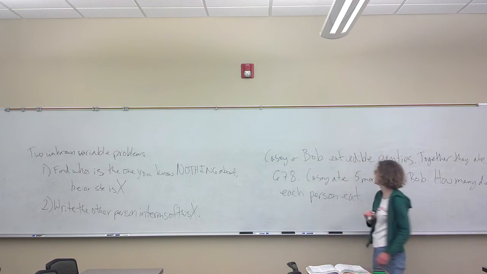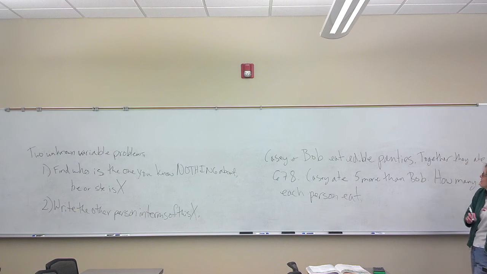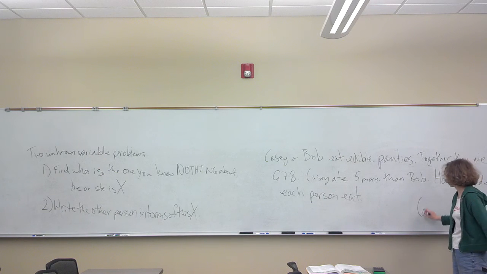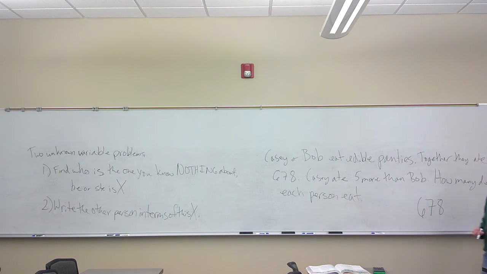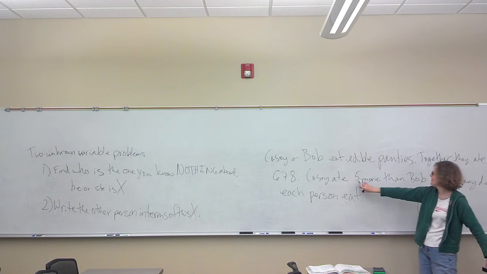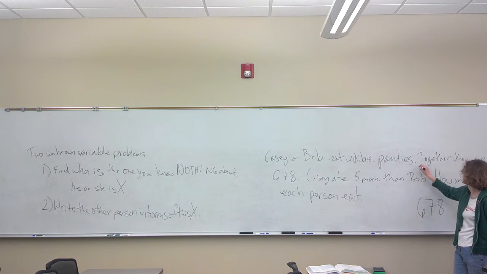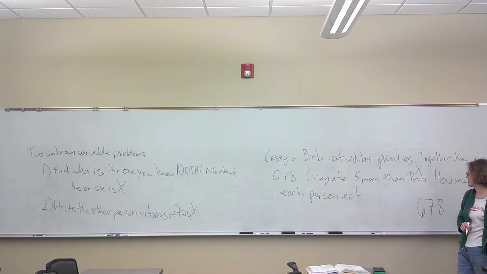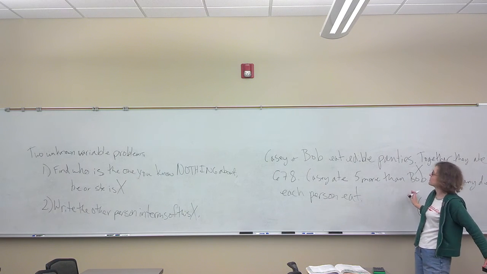Okay, for those who can't read it very clearly, Casey and Bob eat edible panties. This is what they do. Together they ate 678, so that's our total. Casey ate 5 more than Bob. So the first thing we have to do is figure out which one of these two guys is X. Well, Casey has this 5 attached to his name, so he can't be X. So Bob has to be X. So then we're going to work backwards and write Casey's in terms of this.